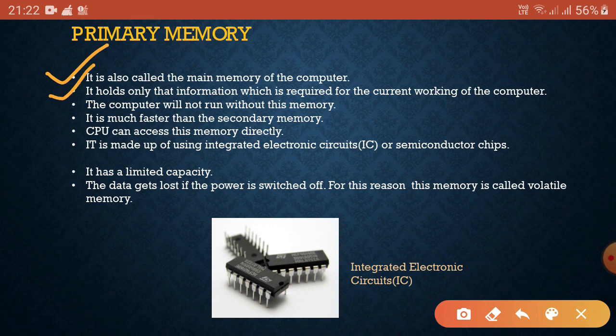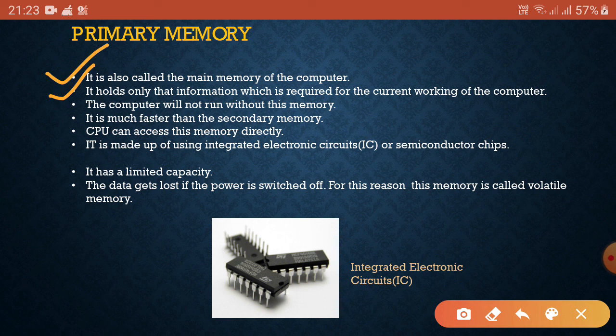Number two, it holds only that information which is required for the current working of the computer. Whatever you are doing currently on the computer, primary memory is used for that. It holds only the information which is required currently.